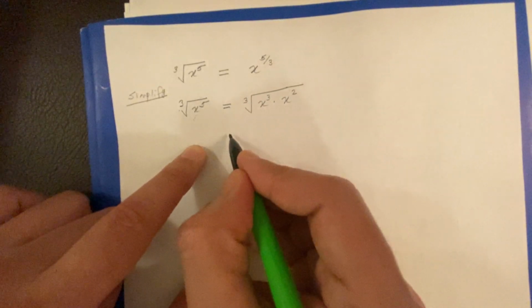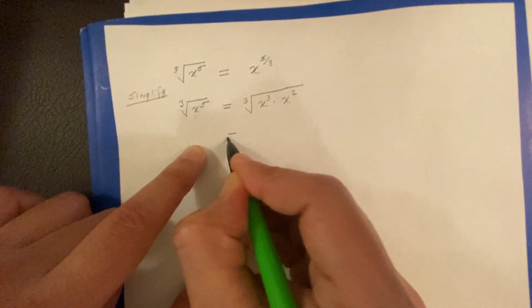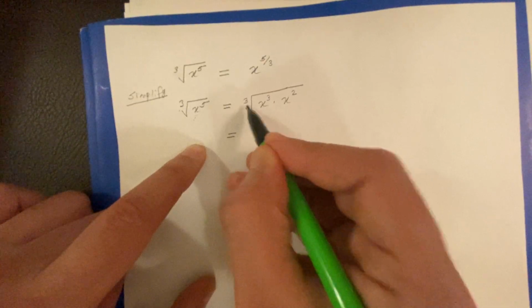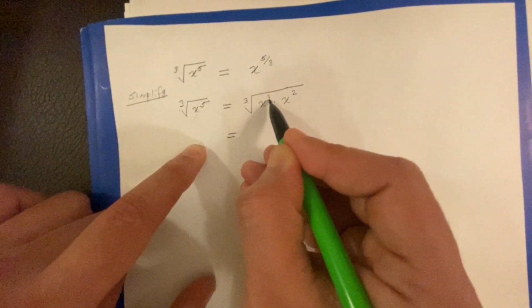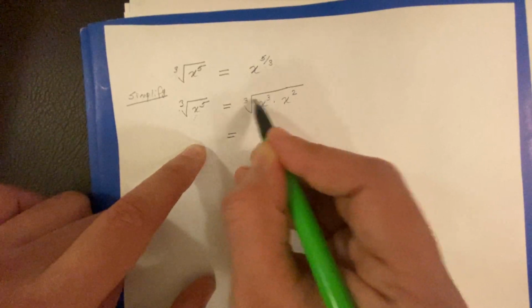Because if we have the same base, then we can combine this into a single base and just add the powers. So 3 plus 2 is 5. The reason I'm doing this is since I have 3 here, if I get the power 3, then this way I can cancel those two.